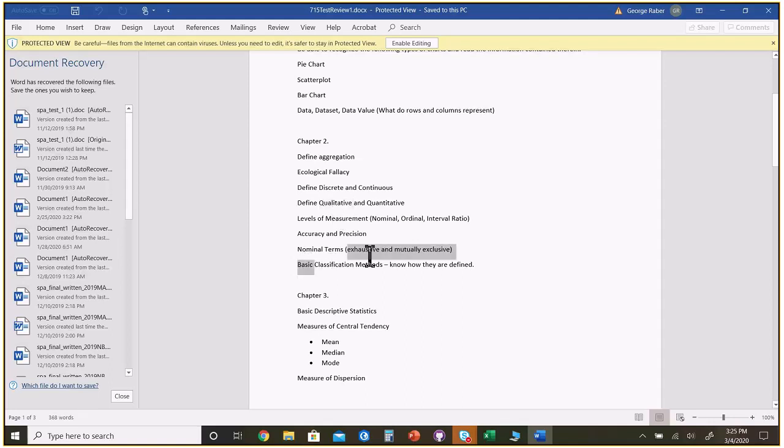And that's called classification. So I'm going to skip down to this one right here. So the book talks a little bit about classification methods. Remember where we did natural breaks, equal interval based on range, equal interval not based on range. You should basically know how the ones in the book are defined. You're not going to have to actually calculate out those, but you're going to need to know the basics of the different classification methods.